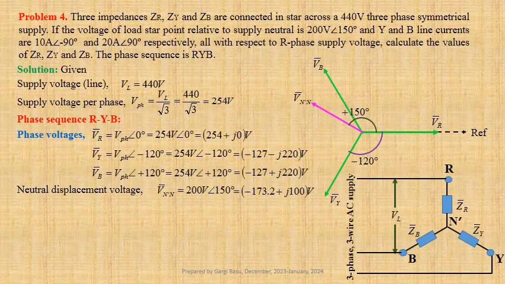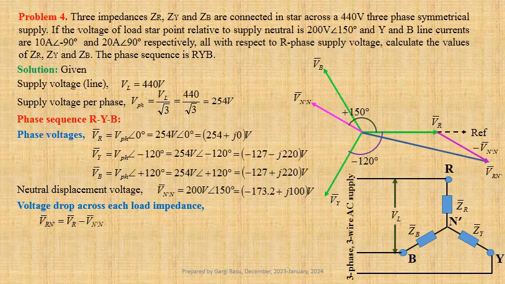Now we shall calculate voltage drop across each load impedance. Vrn dash equals Vr minus Vn dash n. Using values we get 427.2 minus J times 100 volt. This may be written in polar form as 438.75 volt at an angle minus 13.175 degree.